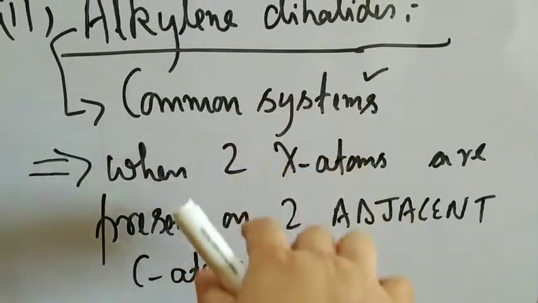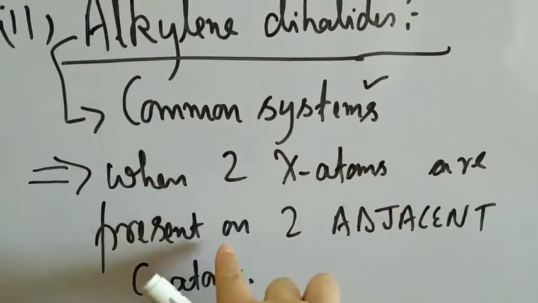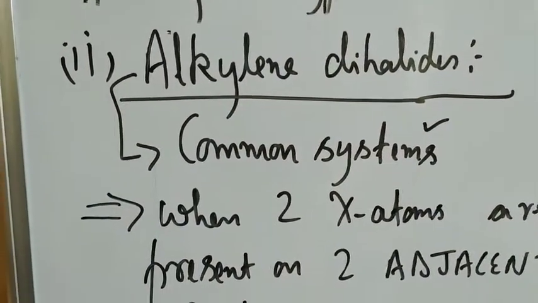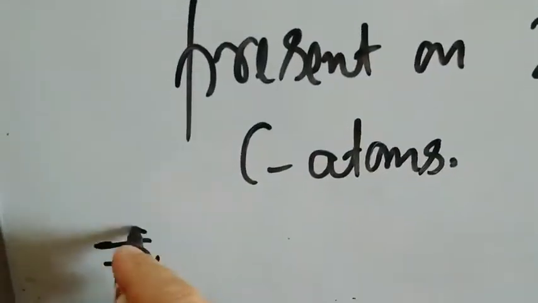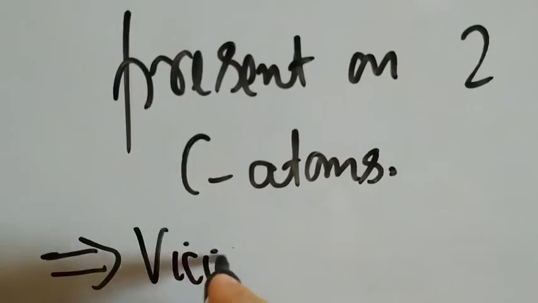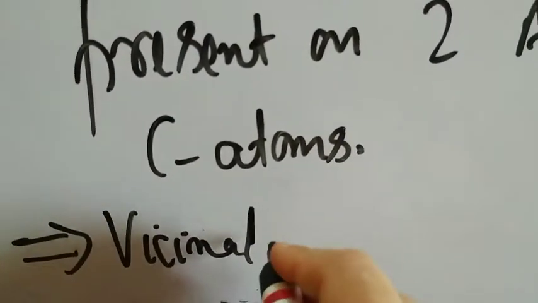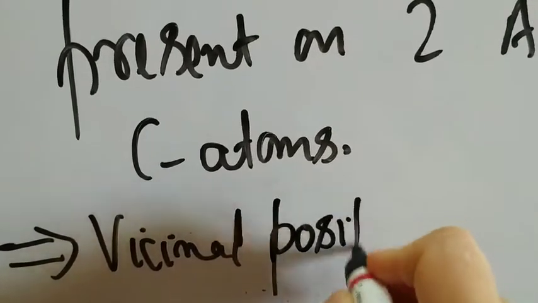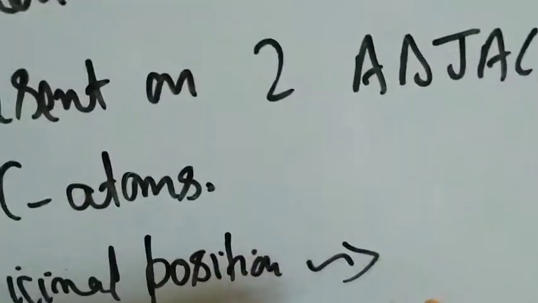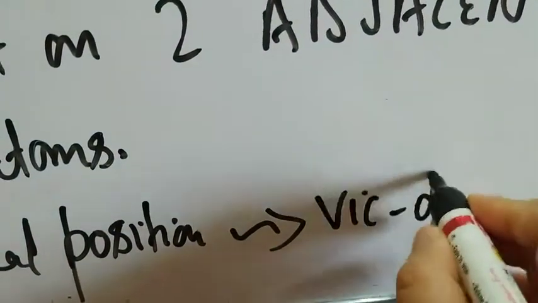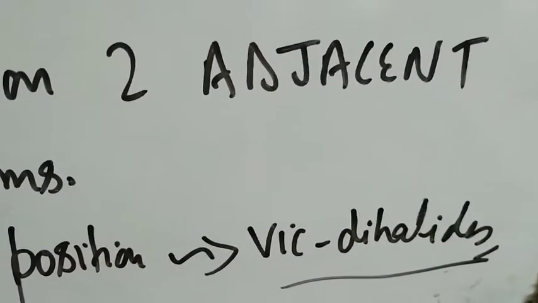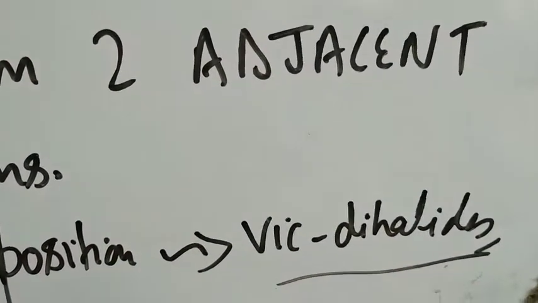This kind of position, when the substituents are present on two adjacent carbon atoms, is known as the vicinal position. Because of this, these alkylene dihalides are also known as vicinal dihalides. You must have, like gem dihalides, heard about vicinal dihalides. Now you know what a vicinal dihalide is.